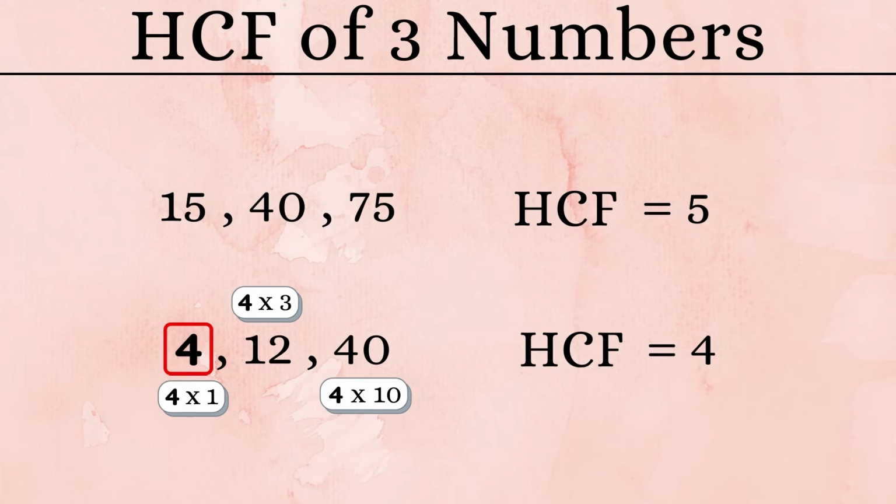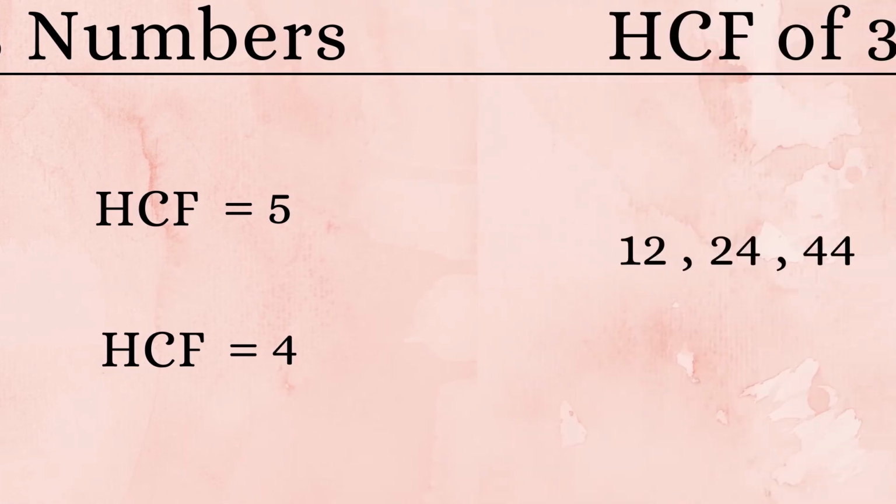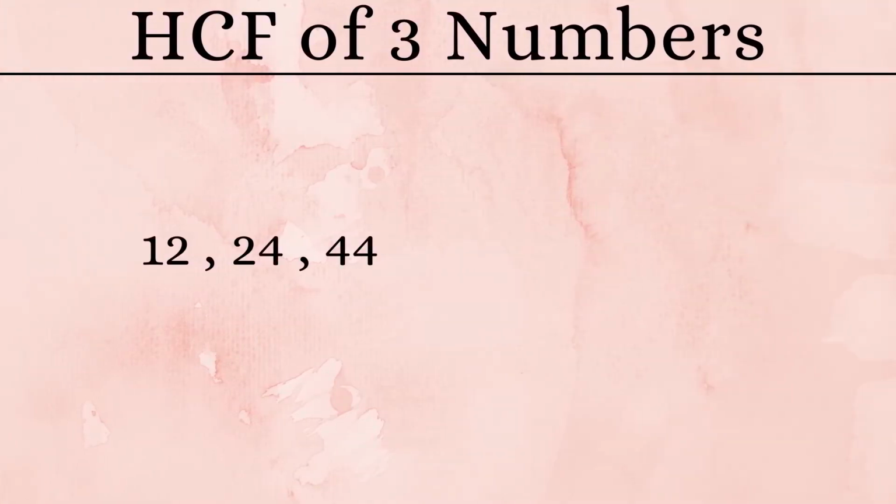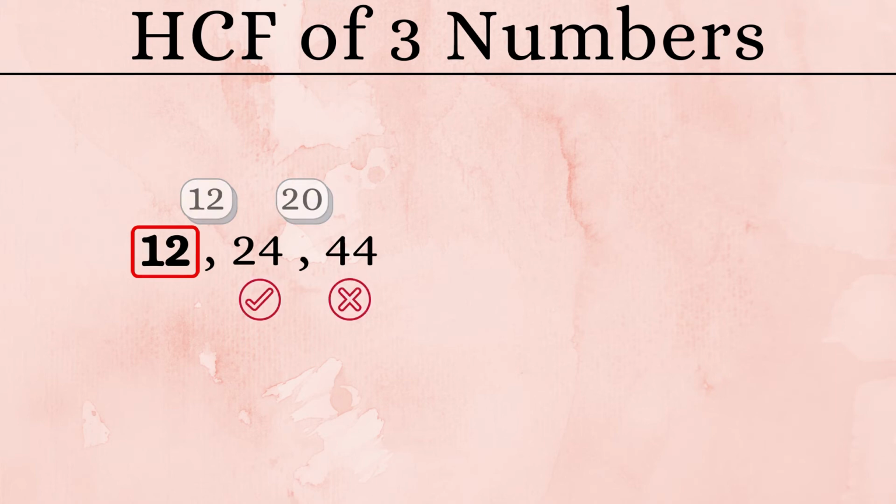Next example, HCF of 12, 24 and 44. The smallest number is 12 and the differences are 12 and 20. Comparing all of them, we can start considering 12. 24 is a multiple of 12, but 44 is not a multiple of 12.